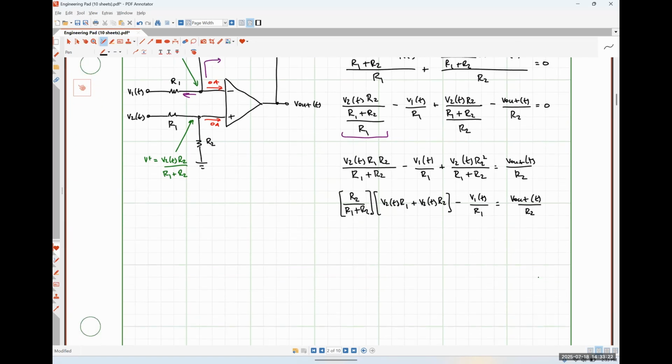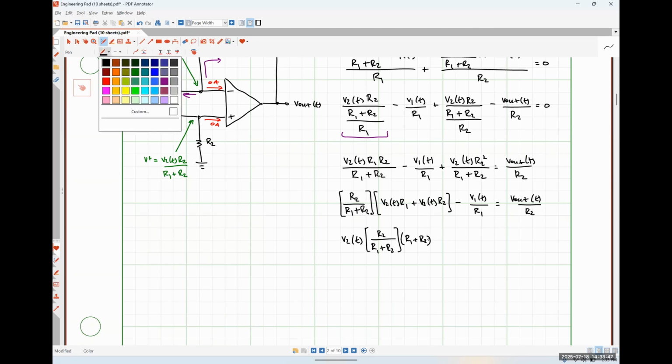I think I can manipulate this a little bit further. So let me pull out the V2 term. I've got an R2 over R1 plus R2. Then I've got an R1 plus R2.